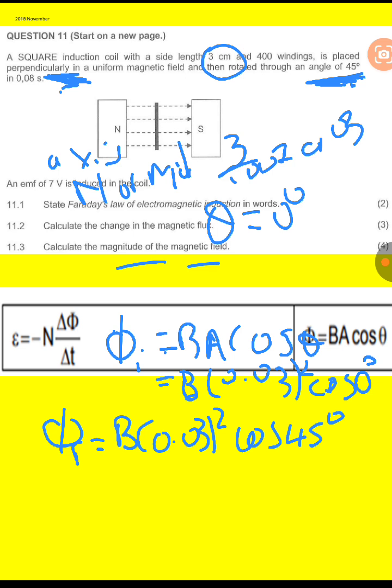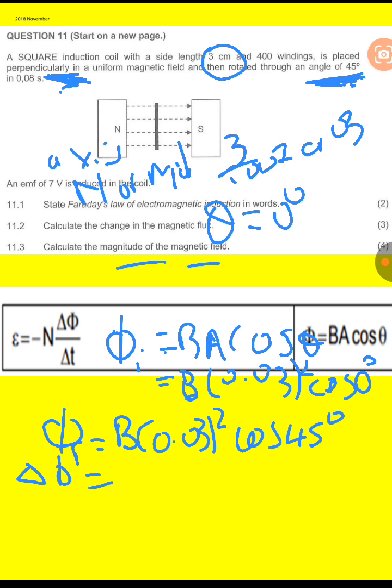Now, having these two, I can apply the formula of change in magnetic flux. I know change in magnetic flux is final minus initial.